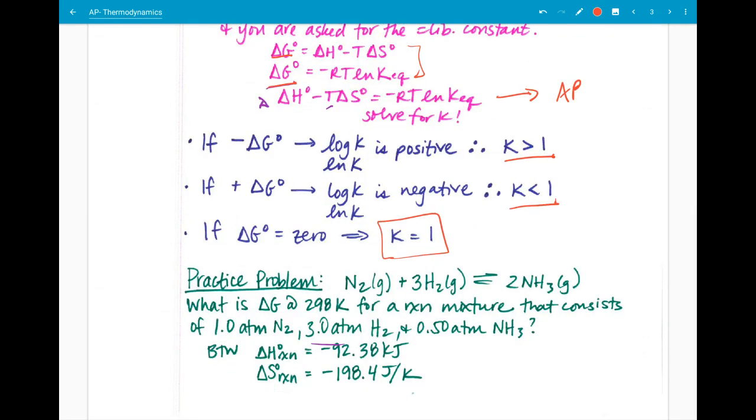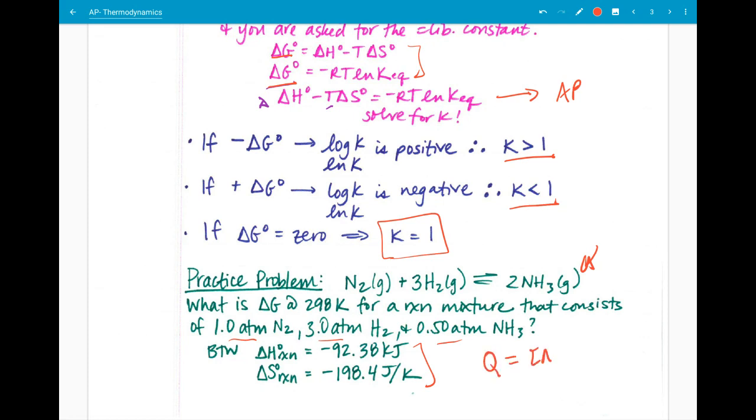Okay, so I have this practice problem here. You're given a bunch of information. You're given this reaction, and you're told delta G at 298 K for a reaction mixture that contains 1 atmosphere of N2, 3 atmospheres of H2, 0.5 atmospheres of NH3. You're given H and S, so I could find delta G naught easily using this part. I probably will need to write my equilibrium constant or my Q because I'm not sure.